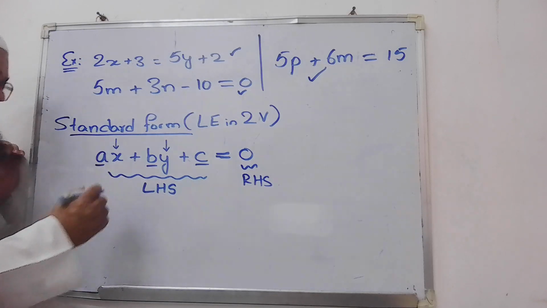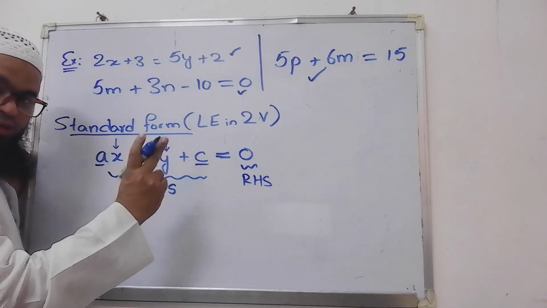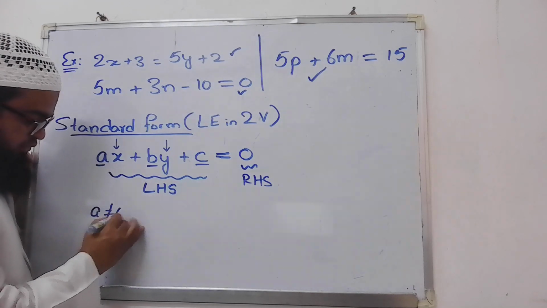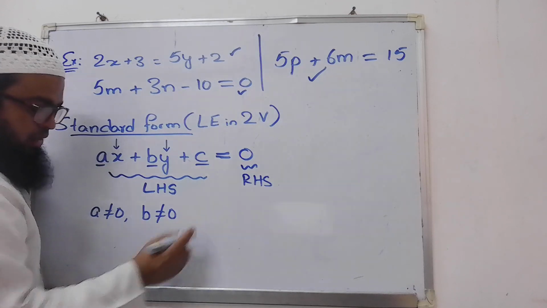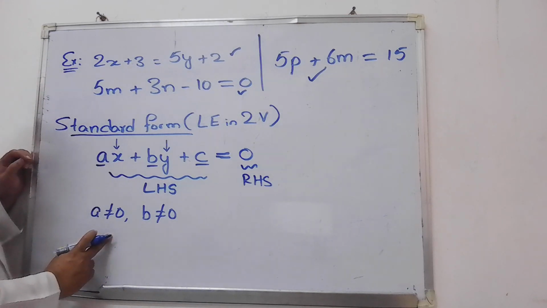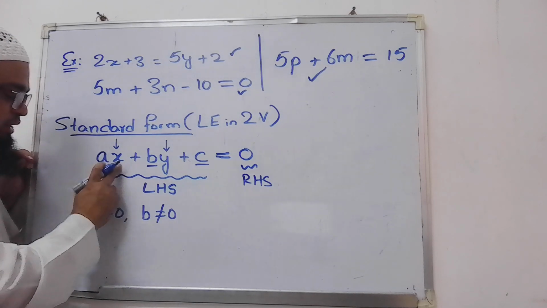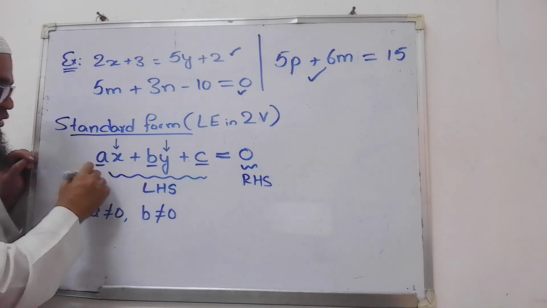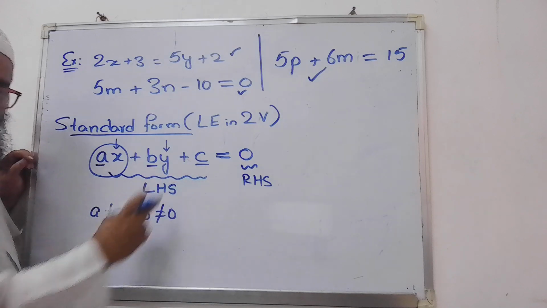So therefore x is a variable, y is a variable, two variables, and a is not equal to 0 and b is not equal to 0. What does this mean? If a becomes 0, what happens? 0 into x is 0x, so this value becomes 0. Once it becomes 0, only by plus c is left out.